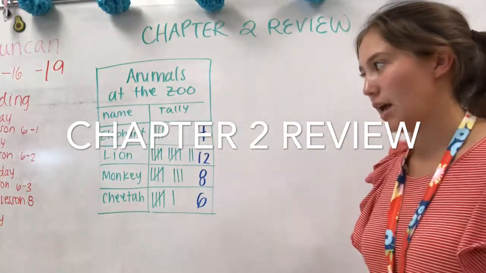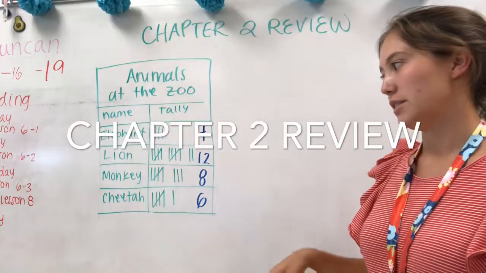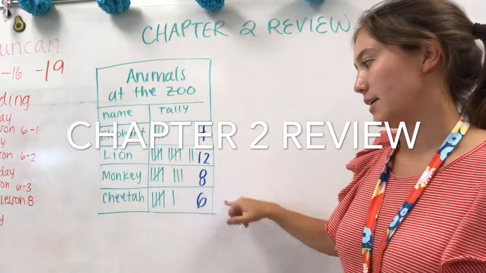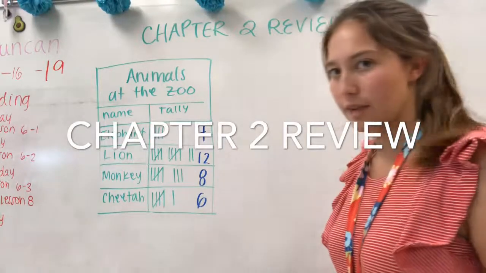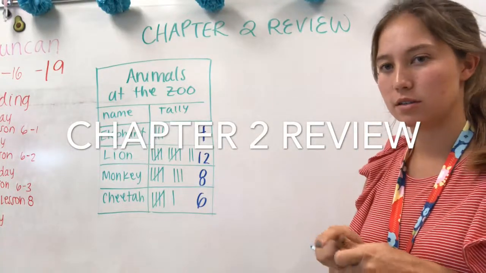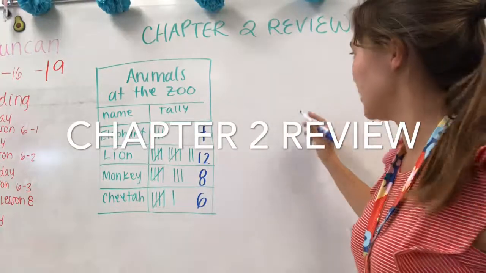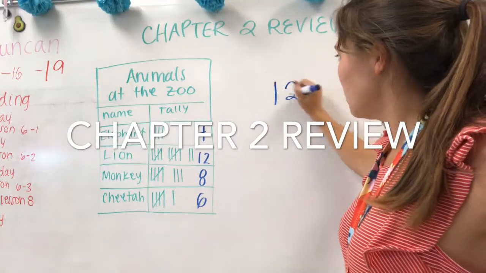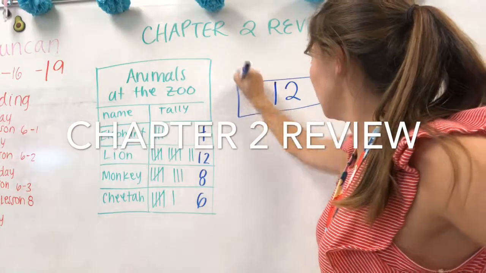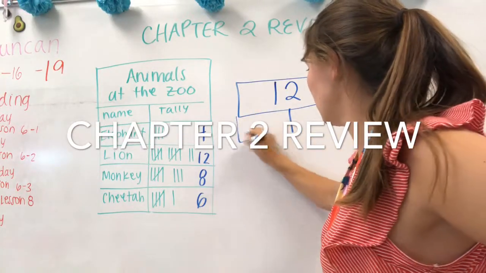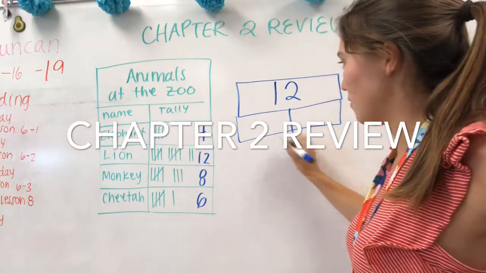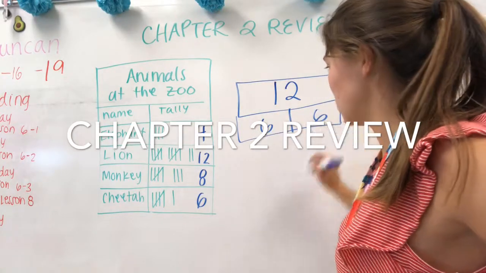So if I were to say, true or false, Miss Duncan saw twice as many lions as cheetahs, I could think about it as a tape measure. I'm sorry, a tape diagram, not a tape measure, a tape diagram. So here's my 12 on the top. What would be half of 12? 6 goes here and 6 goes here.